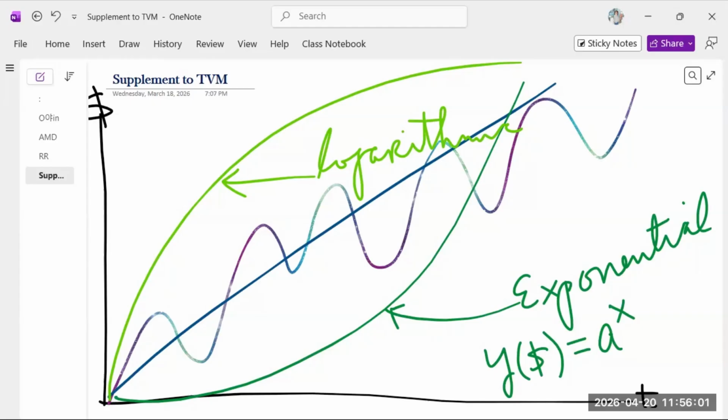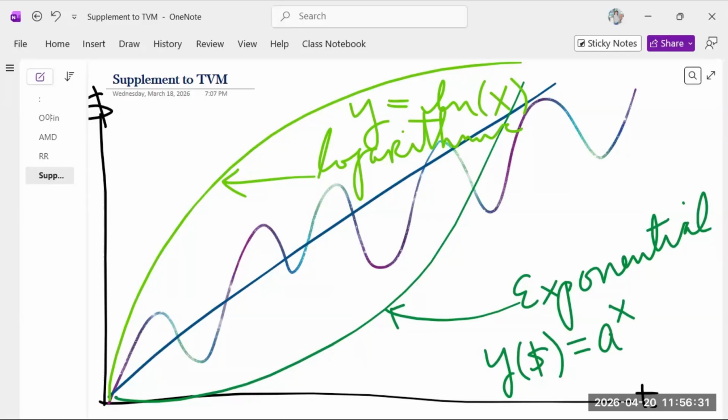In this case, y is log of x. So these are three ways we can approximate the growth patterns.